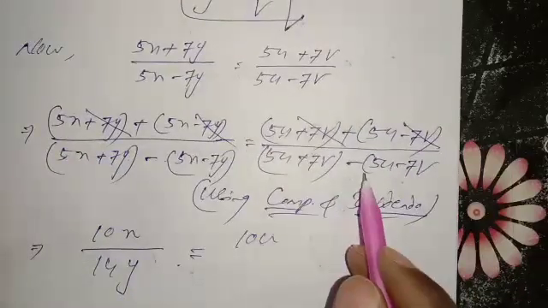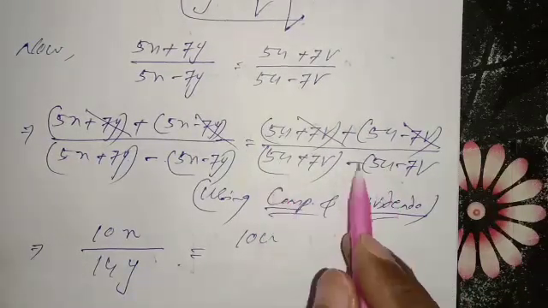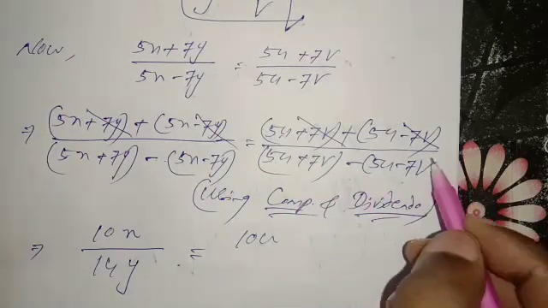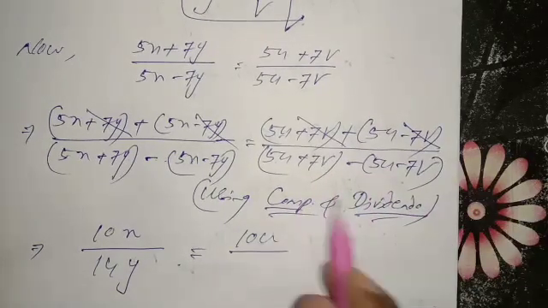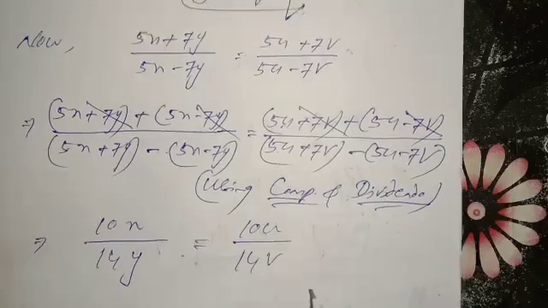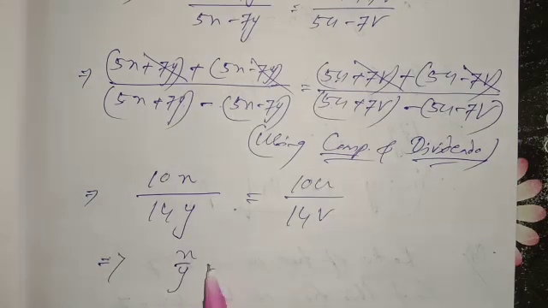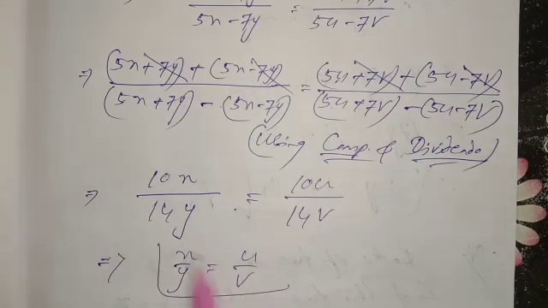And the denominator part, if I open the bracket, this 5u minus 5u cancel. Plus 7v, this will be plus 7v, means 7 plus 7, 14v. So both sides 10 by 14 can be cancelled. The result will be x by y is equal to u by v. In this one, this is proved. Number 2, first part.